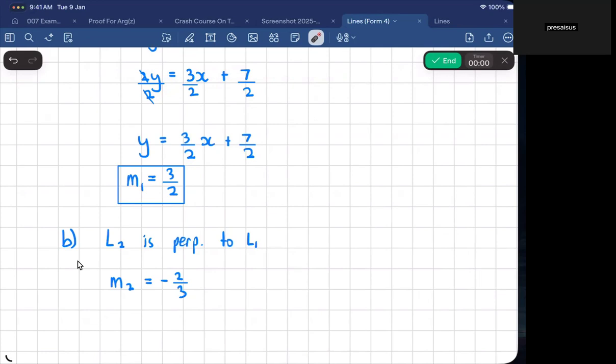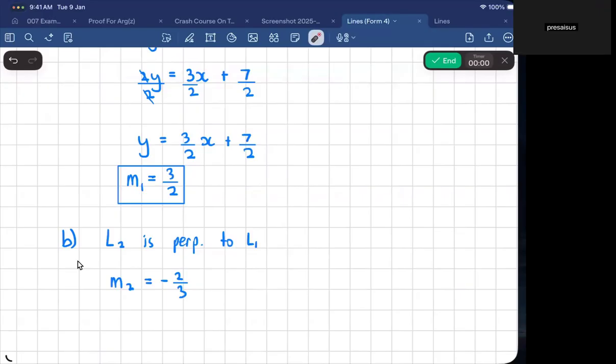But since we had to flip it and change the sign, I put it as positive. Wait, I'm confused. Say that one more time. So I flipped the negative sign to a positive sign while flipping the number also. No.